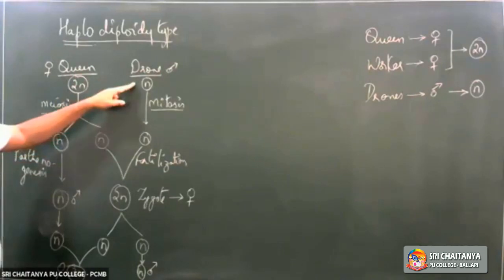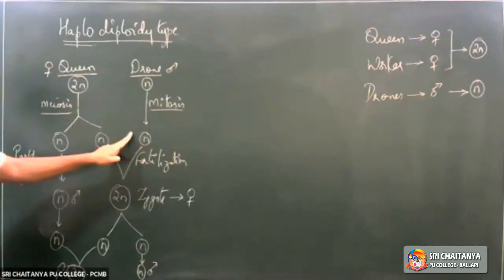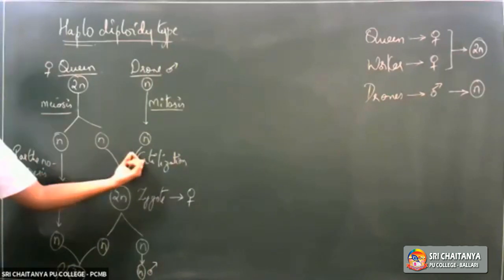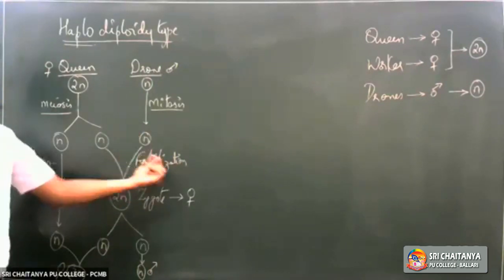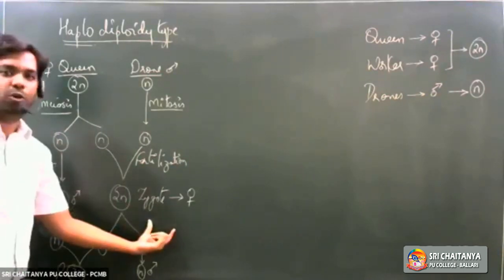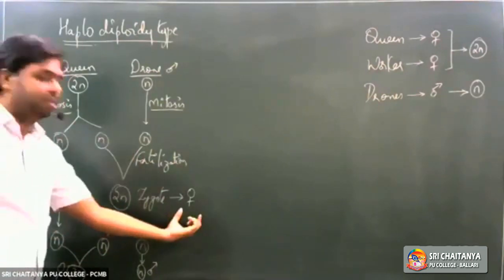Similarly, the drone, which is a male, would undergo equational division, that is mitosis, and forms the male gamete. So the female gamete and the male gamete would be fused together through a process called fertilization, and it would lead to the formation of a diploid zygote. Now, the sex of this zygote as well as the individual will be female.